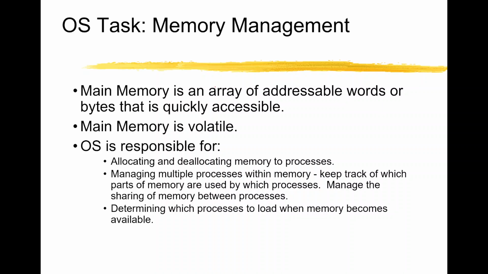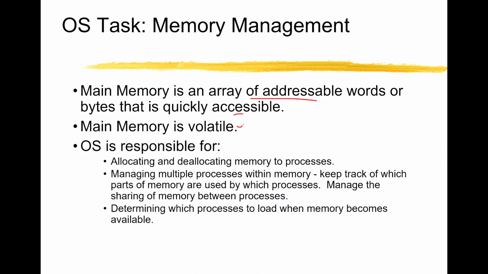Now, the main memory also is being managed by the operating system. So a second task is memory management. Main memory is an array of addressable words or bytes that is quickly accessible.